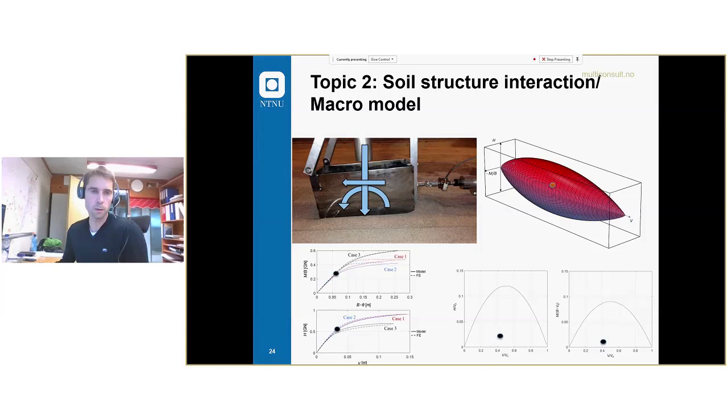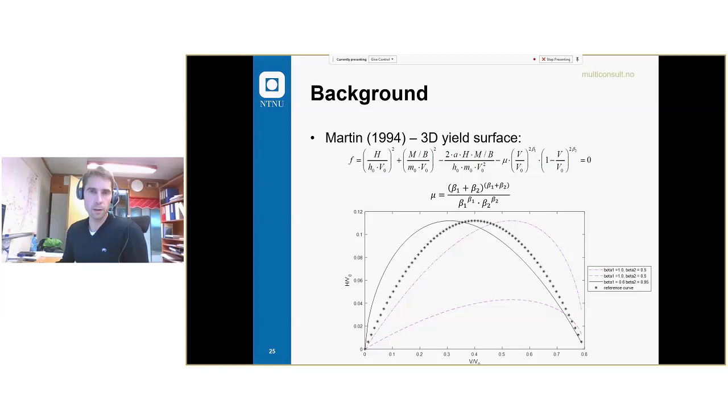You could start loading, and then we have the plasticity theory. On the background, 3D yield and failure surfaces are developed based on the work related to interaction diagrams.